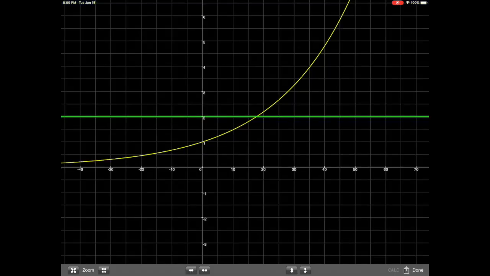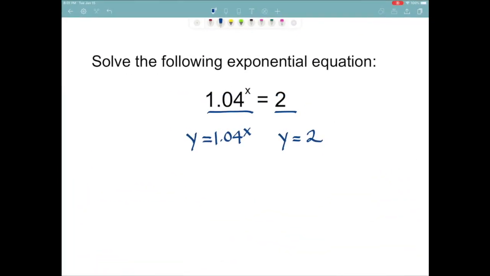I'm going to graph it, and you'll see our exponential graph is the yellow one that goes up like this, and y equals 2 is that horizontal line that runs across here. So the intersection point that we're looking for is right here. You'll see that value is 17.67, approximately. So that means our solution, x, is approximately 17.67.